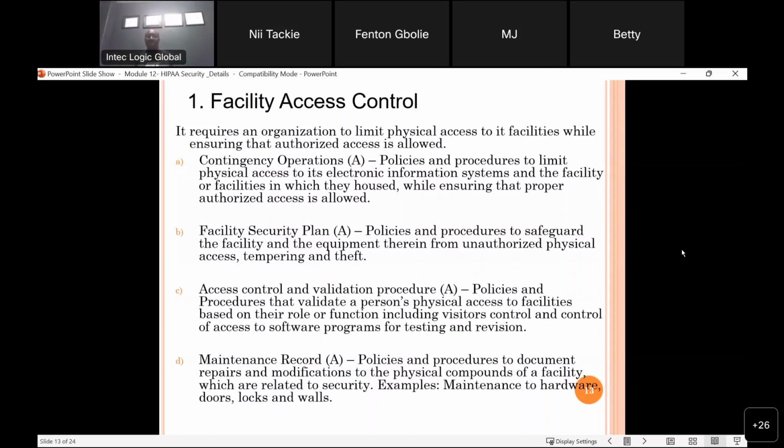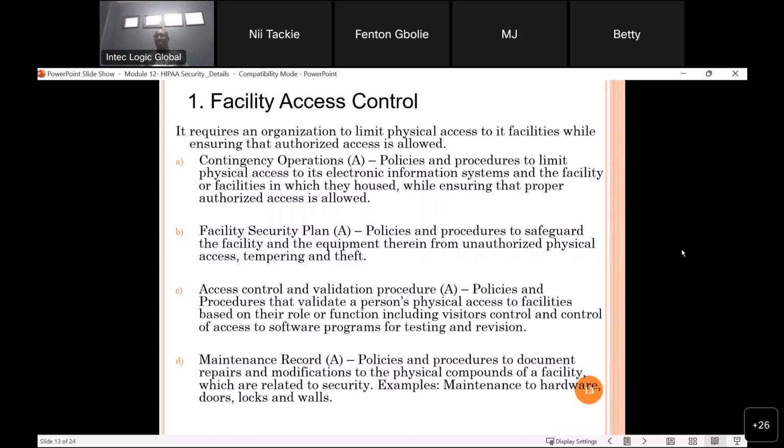Facility security plan: policies and procedures to safeguard the facility and the equipment therein from unauthorized physical access, tampering, and theft. What is the security plan? You need to demarcate your facility into security zones, visitor zone, staff zone, right? There are some places you don't allow all visitors to go.